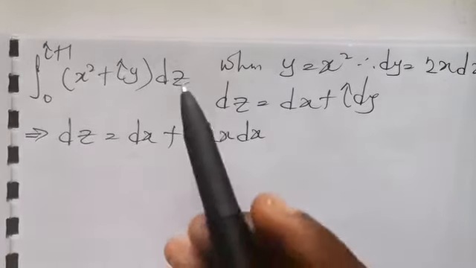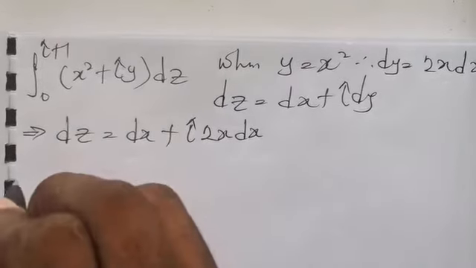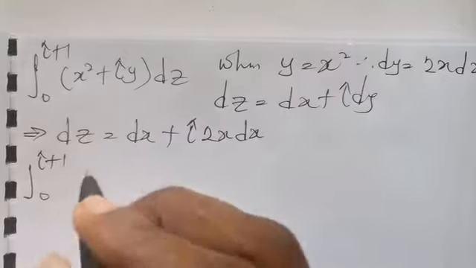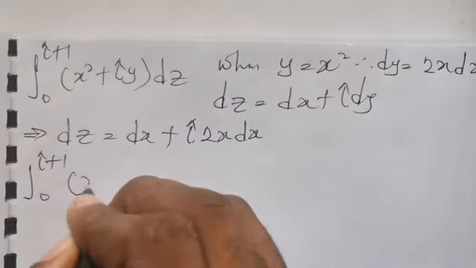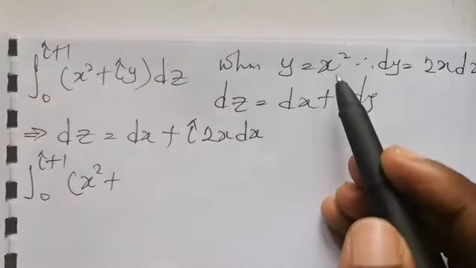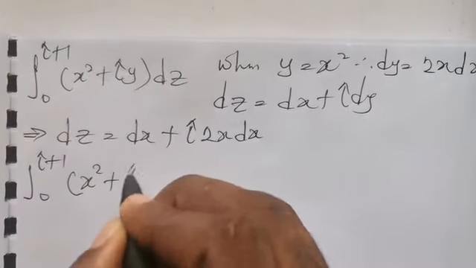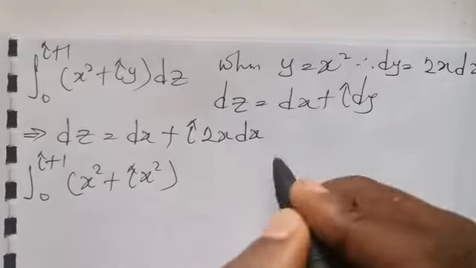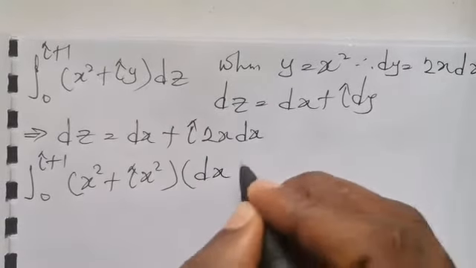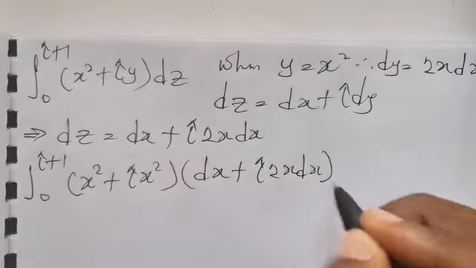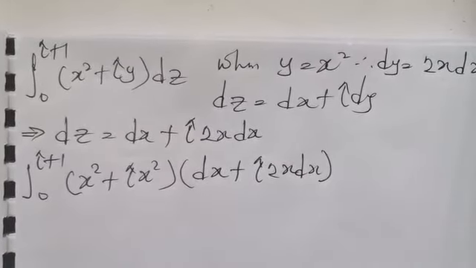Similarly, I'm going to be changing the integral. This becomes the integral from 0 to i plus 1. Now I have x squared plus iy, but y is equal to x squared, so that becomes x squared plus i x squared, times dz, and dz is equal to dx plus i 2x dx. So I have this.